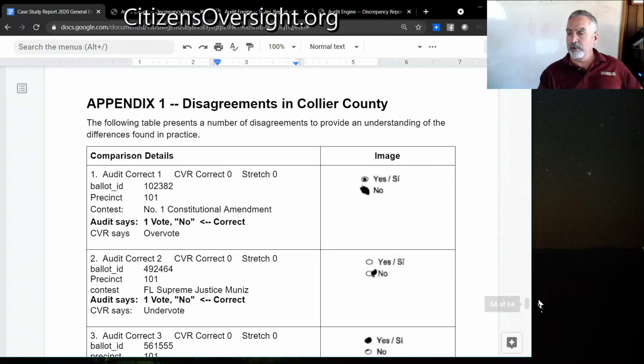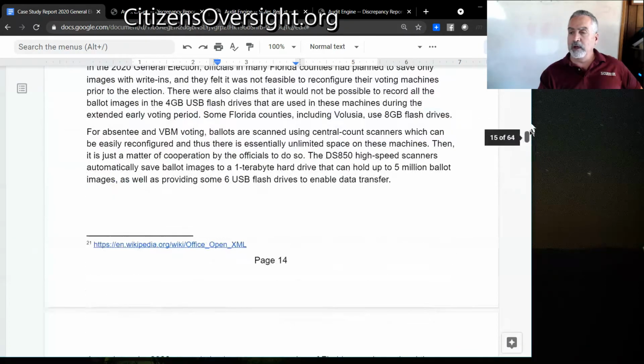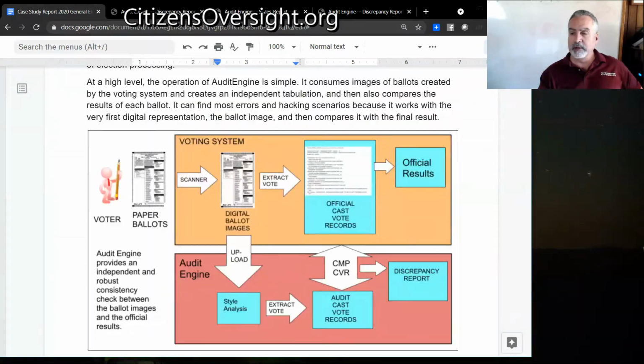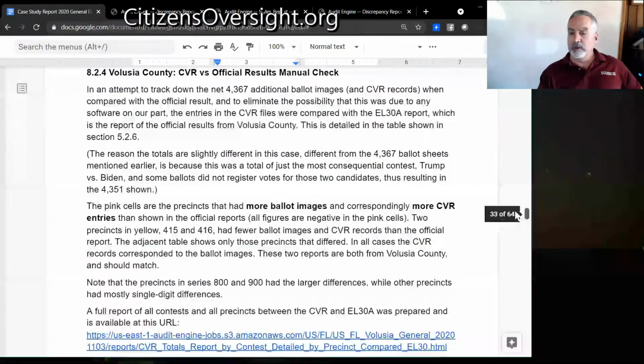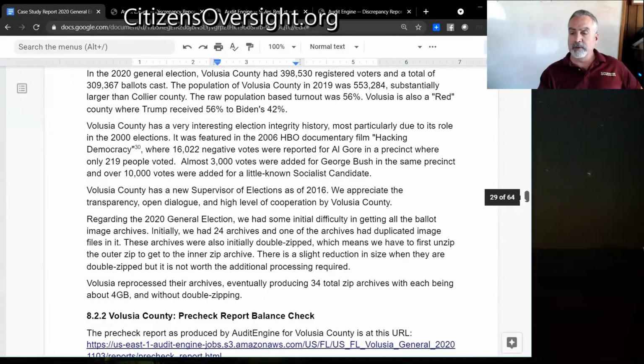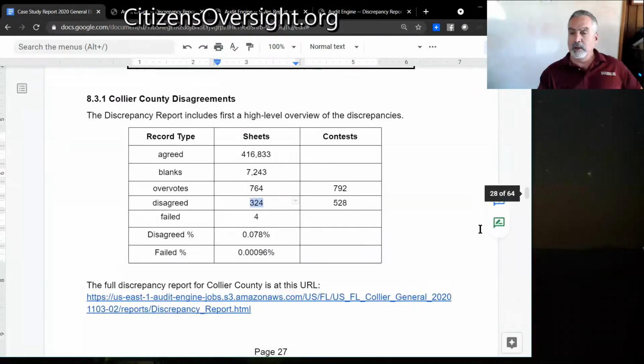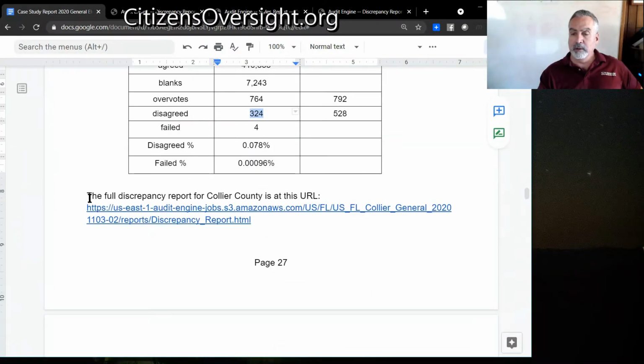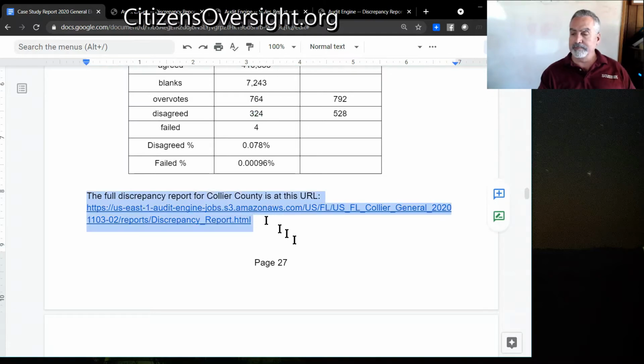Now, the disagreement file, actually I want to put that down there because the disagreement file for Collier County is right here, the full discrepancy report.